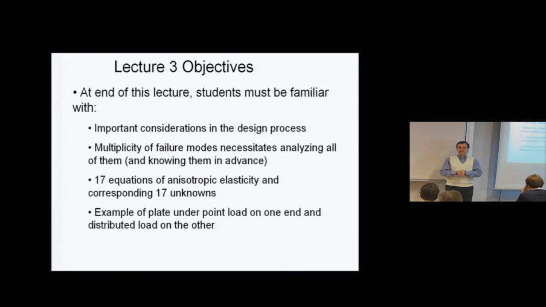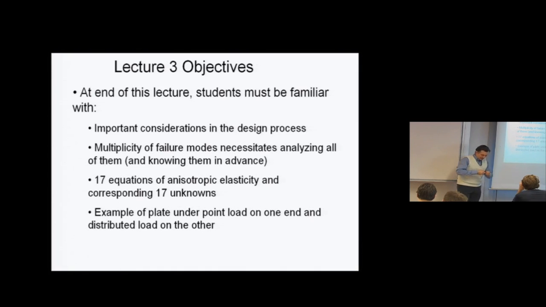I use the plural because we have the membrane in-plane stiffnesses, the bending out-of-plane stiffnesses, and coupling. Based on those and applied loads, you can calculate strains and curvatures. And then we talked a lot about failure criteria, which is the next step. You use all these strains and stresses to try to predict failure, because ultimately you want to design these structures for lower weight or for a bunch of other attributes that we will be covering today briefly.